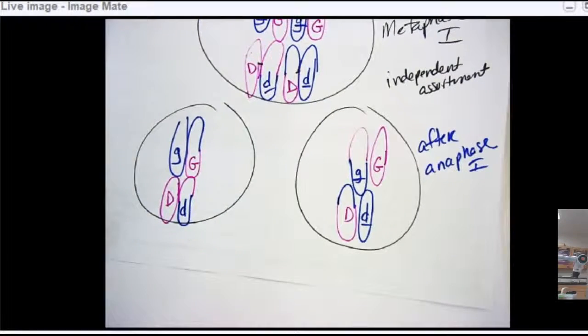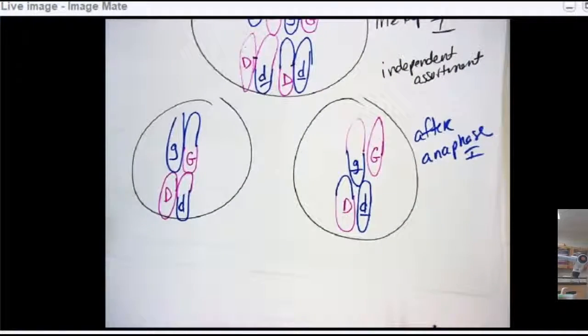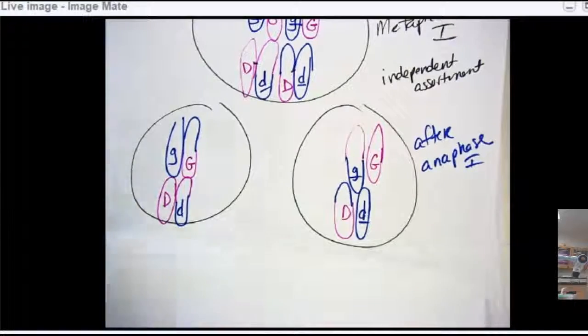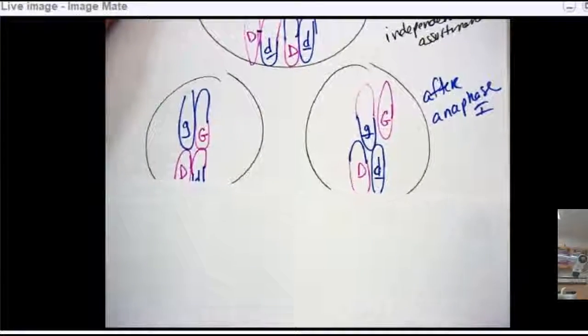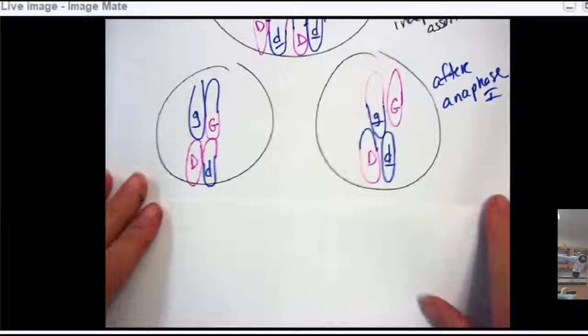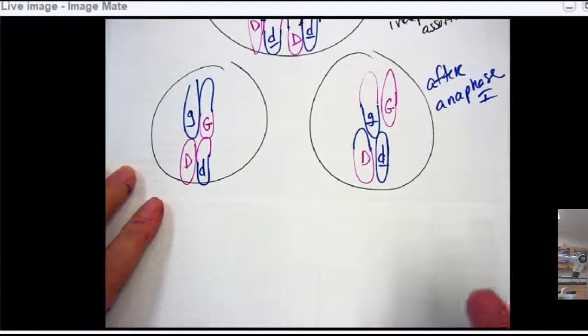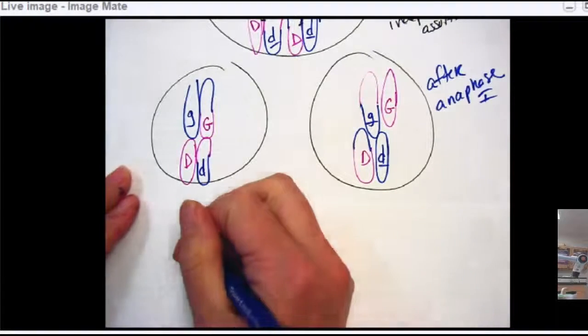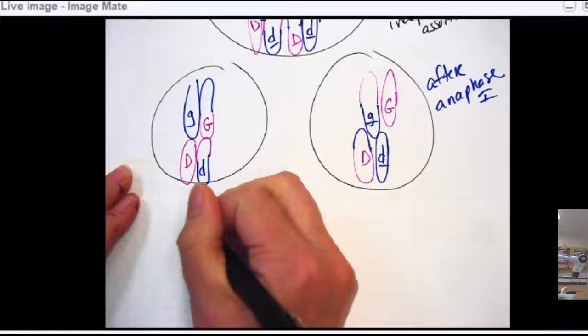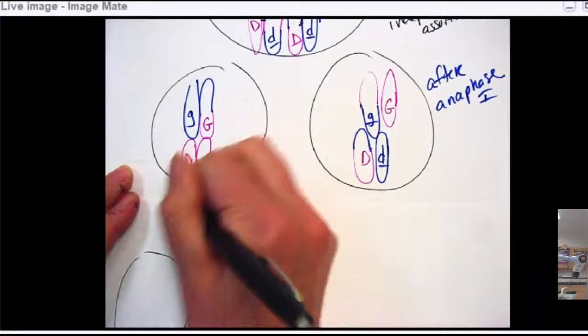All right. So we need to do one more division. So we'll go through the whole process again. We'll go through prophase 2, metaphase 2, anaphase 2, and then afterward we will have 4 cells.